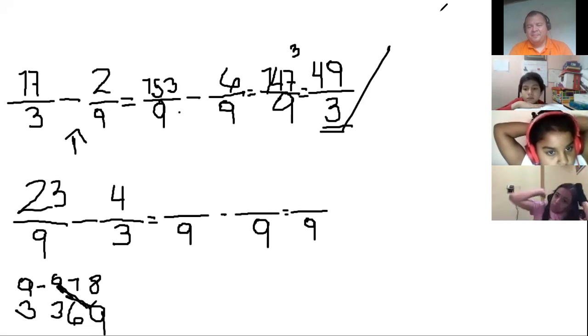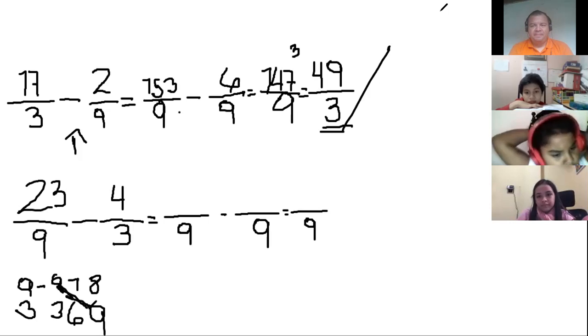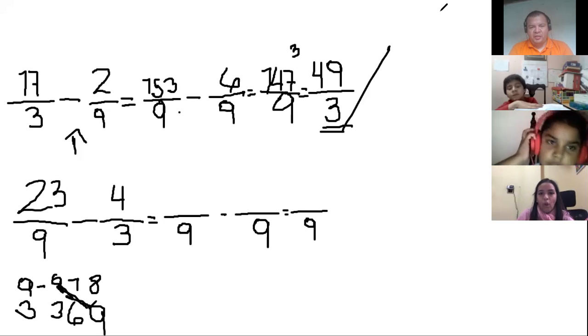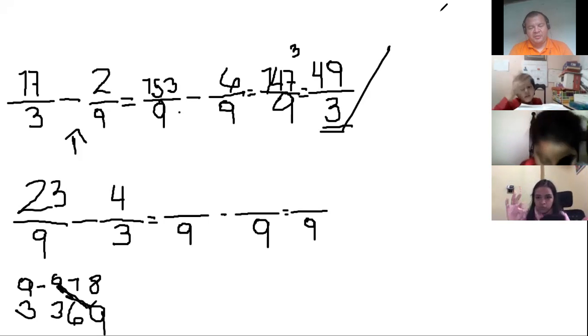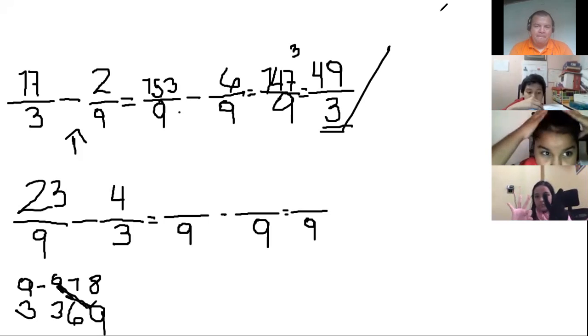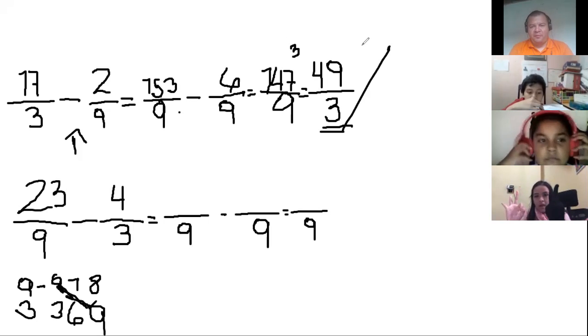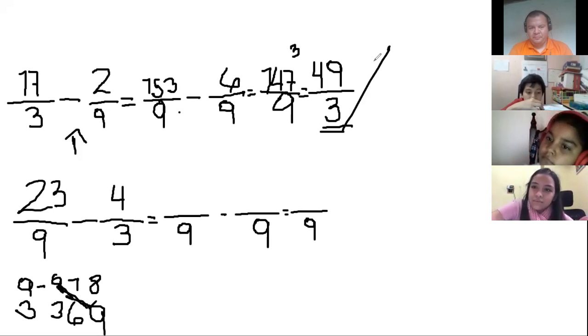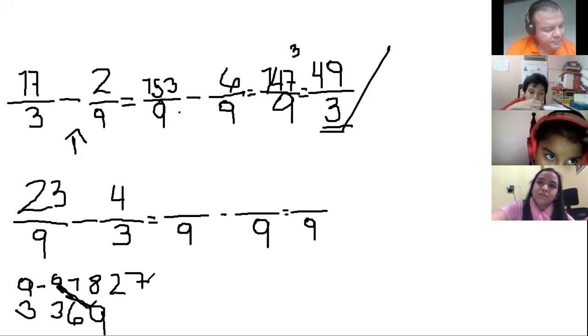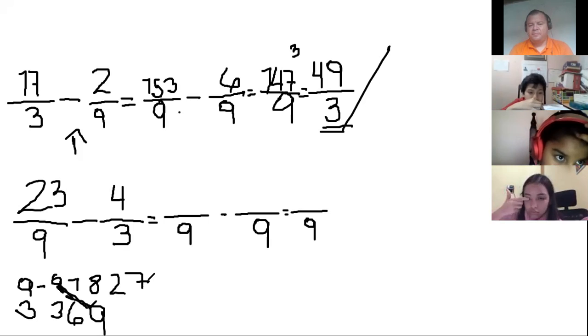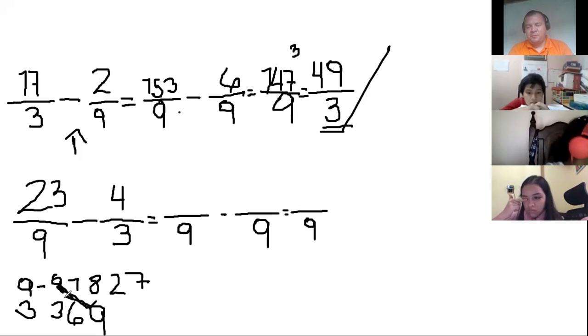Because 9 multiplying 9 is 27. No. 27 is a multiple of 9, of course. 18, 27. But I'm looking for the least common multiple or the common denominator. What is the least common multiple between 9 and 3?